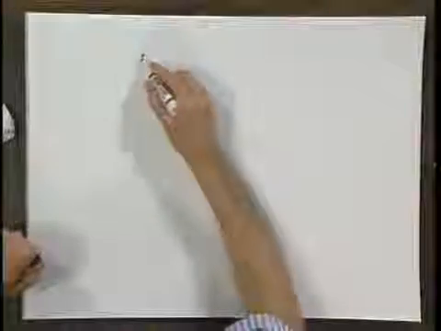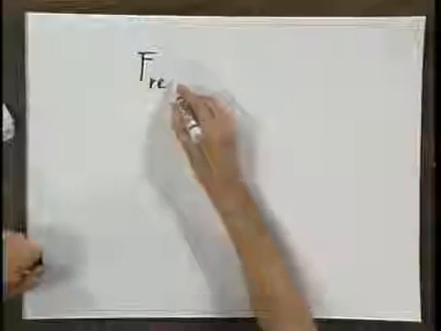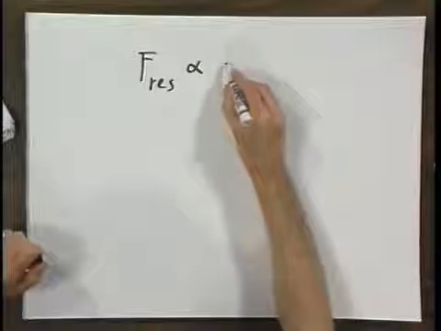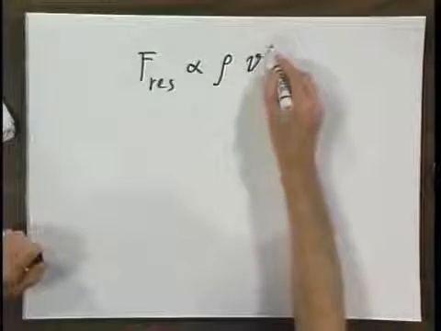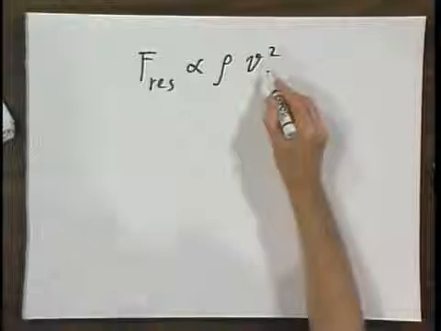An airplane that flies at 600 miles per hour, which is comfortably below the speed of sound, airplanes want to fly high. And the reason why they want to fly high is immediately obvious when you think of the fact that the resistive force is proportional to the density and to the speed squared.